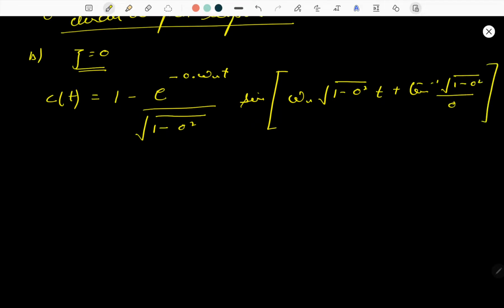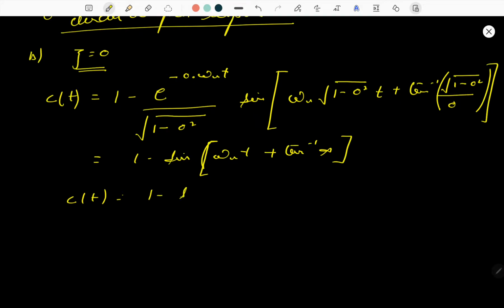So simply 1 minus sine omega n t plus tan inverse of infinity. So we get c(t) equals 1 minus sine of omega n t plus pi by 2.